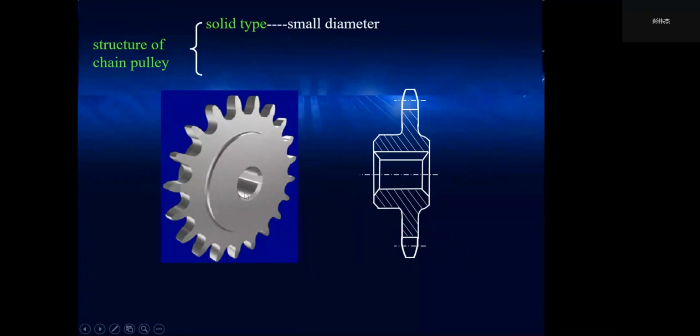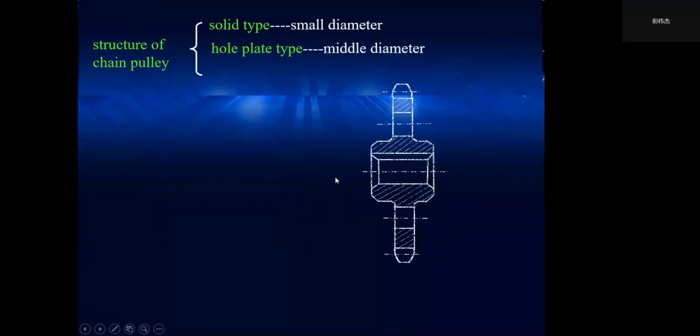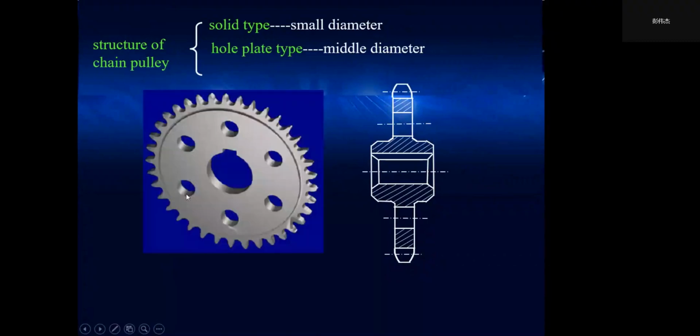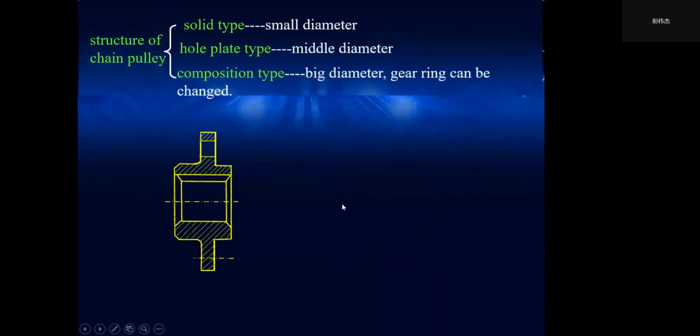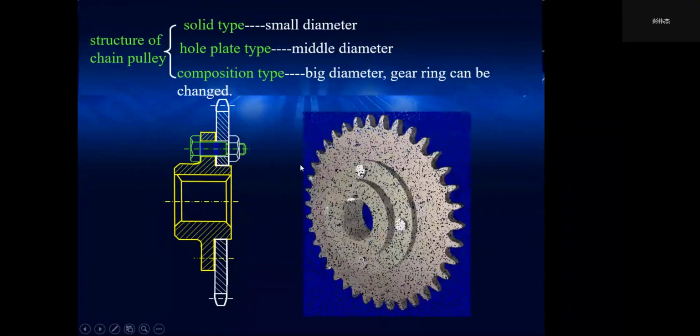If the diameter is medium, we can use a plate type sprocket like this. If the diameter is very large, we can use a composite type sprocket like this.